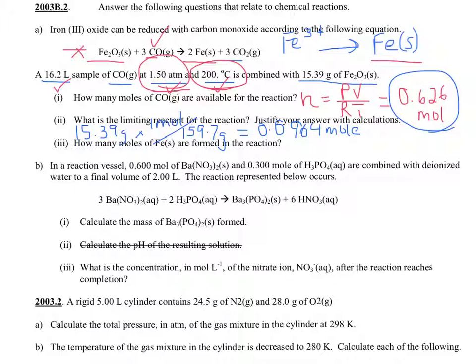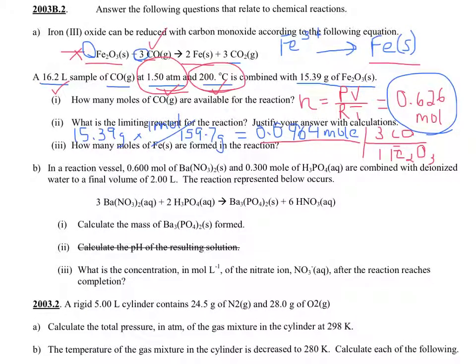But we do have a 3-to-1 ratio in the stoichiometry, so let's prove our point, make sure we have the correct limiting reactant by doing a little stoichiometry with that mole-to-mole ratio and figuring out with our given amount of iron how much of the carbon monoxide would we need.